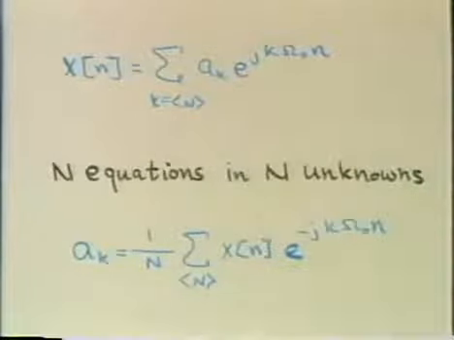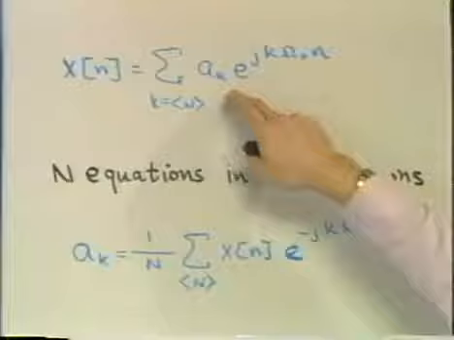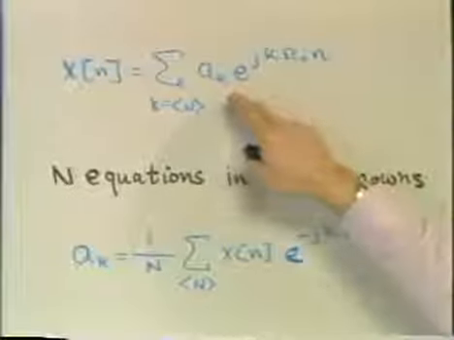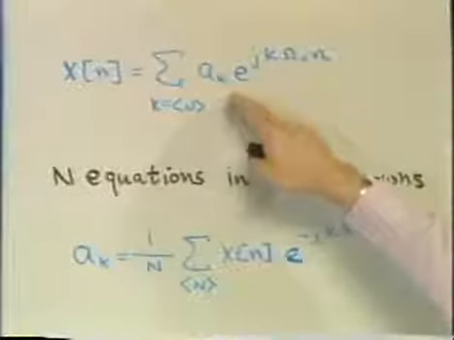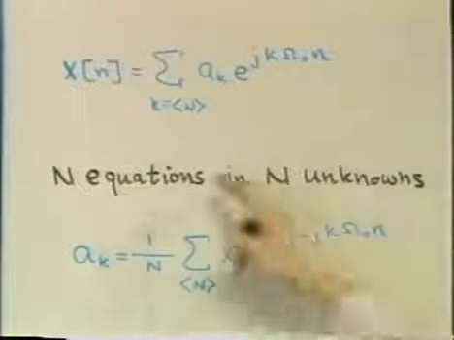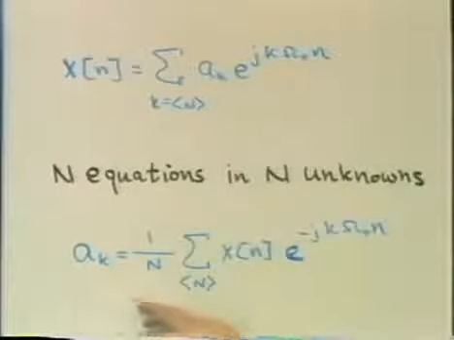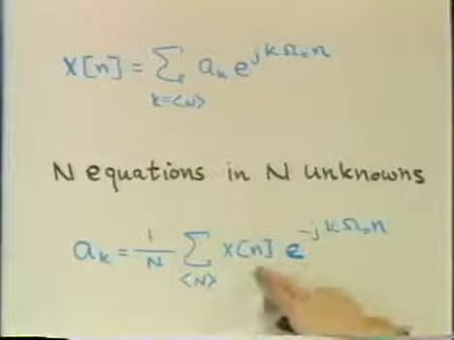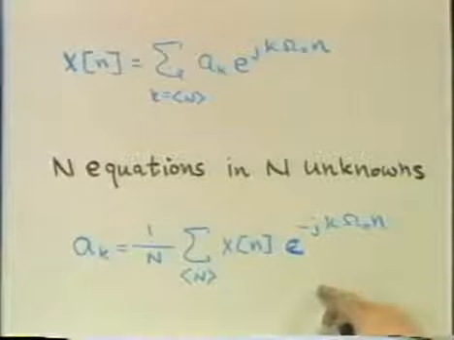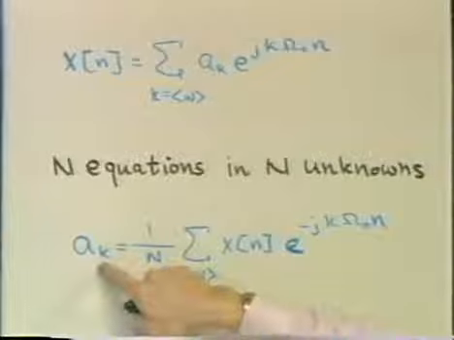It turns out that there is a nice, convenient closed-form expression for that, and if we evaluate it through any of a variety of algebraic manipulations, we end up with the analysis equation. The analysis equation, which tells us how to get the coefficients a sub k from x of n, is what I've indicated here. And so this tells us how from x of n to get the a sub k's.